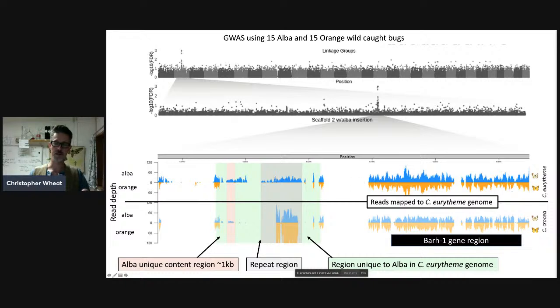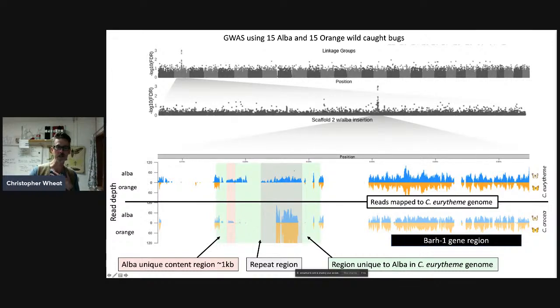And just below that, data from an orange individual. Now, on the right side, this is where the BarH1 gene region is. And we have data from both morphs mapping very well in that region. And as we get farther to the right, you'll see that we're only getting Alba content mapping in this region, right? What we call the Alba, or a region unique to Alba, we've colored in green.